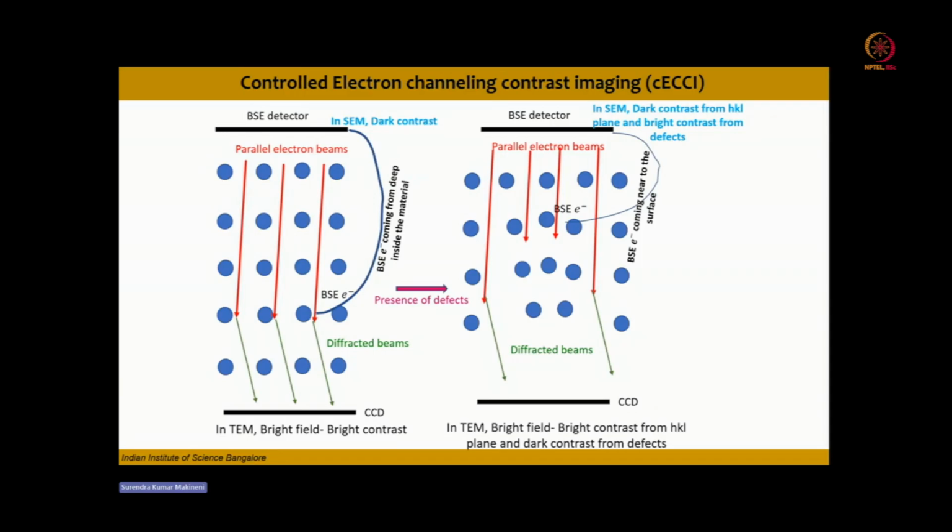Okay, so in the presence of defects, the backscattering tendency will increase. So locally there will be an increase in the intensity of the electrons as compared to the surrounding structure. So you will get bright contrast lines for the defects in the presence of the dark contrast surrounding region. Okay, so this is called electron channeling. So you are channeling the electrons and you are getting the contrast imaging from the defect regions.